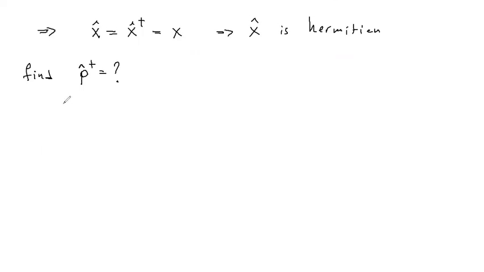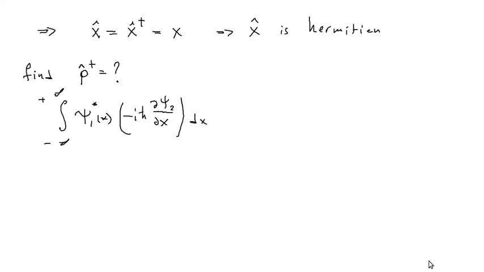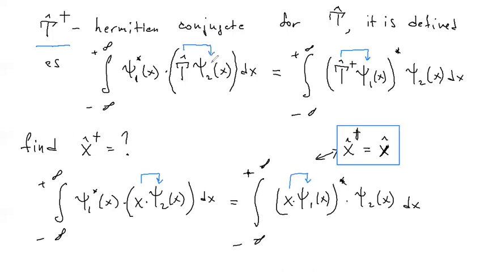Let's try. The integration applied to psi1 conjugated times operator P acting on psi2. I don't know if it's clear for you or not, but this would be this side.